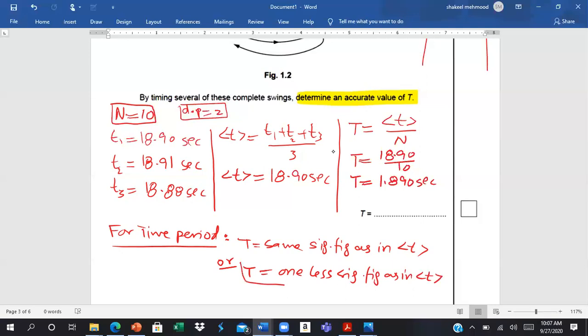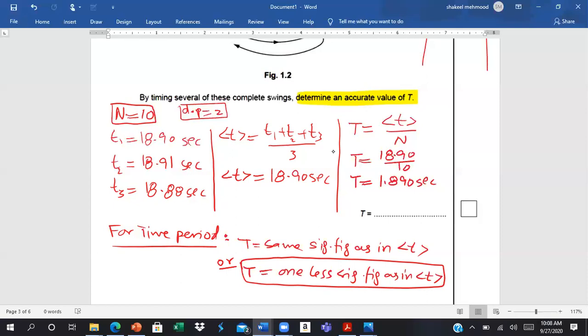So beta, this condition is only for time period. No other quantity is given with this condition. Normally we write the same number of significant figures or one more, but this is exclusively for the time period. We can write our answer in one less significant figure than in the average t.